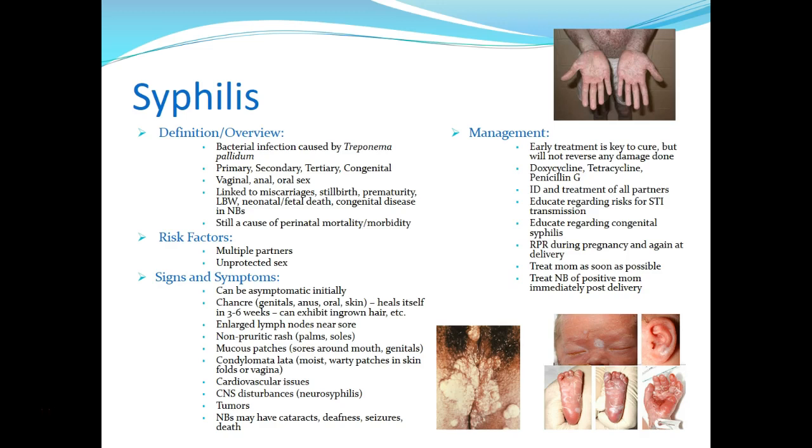It is transmitted vaginally, anally, and through oral sex, and it's linked to miscarriages, stillbirth, and prematurity, low birth weight newborns. It's linked to neonatal and fetal death and congenital disease in newborns. And as primitive as this may sound, it is still a cause of perinatal mortality and morbidity.